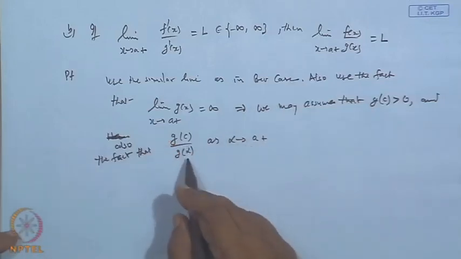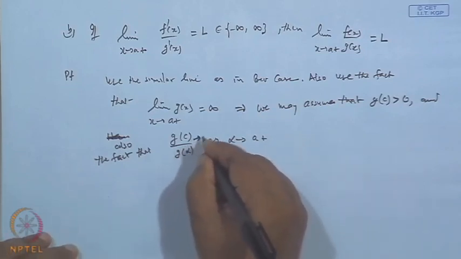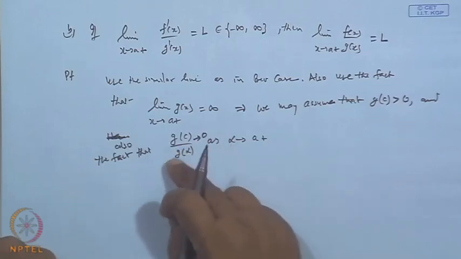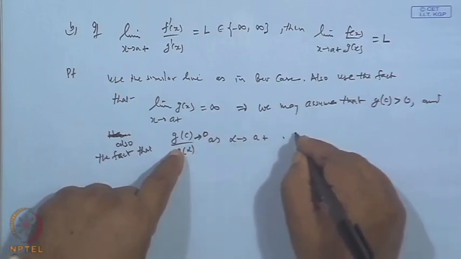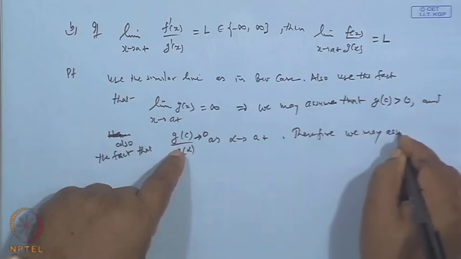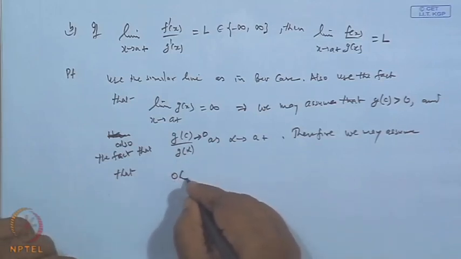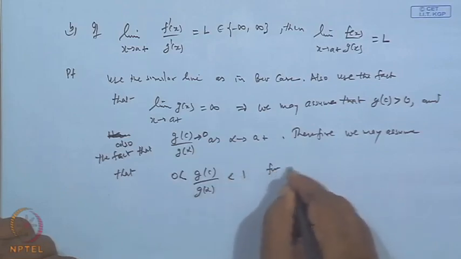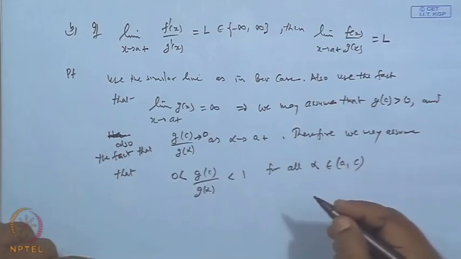So, the fact that g c over g alpha tends to 0 as alpha tends to a plus, because this tends to plus infinity and this is positive. So, this will go to infinity. Therefore, we may assume that 0 is less than g c over g alpha, which is less than 1, for all alpha which lie in the right hand neighborhood of a.